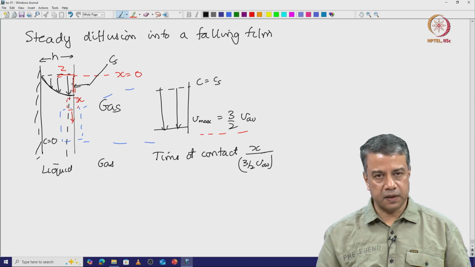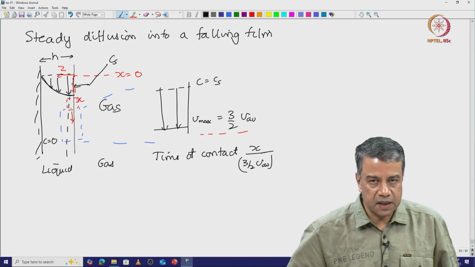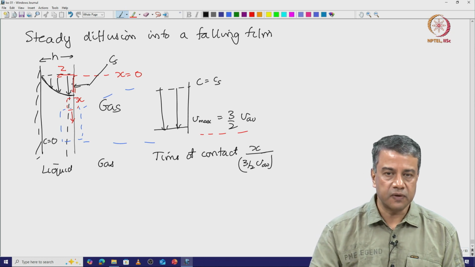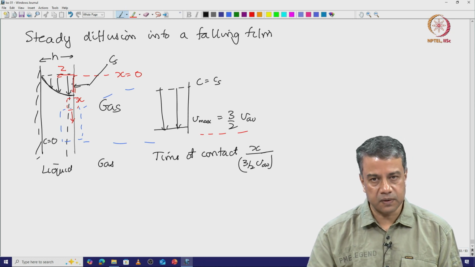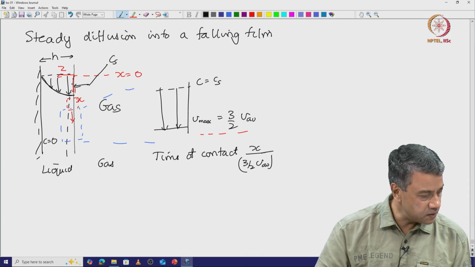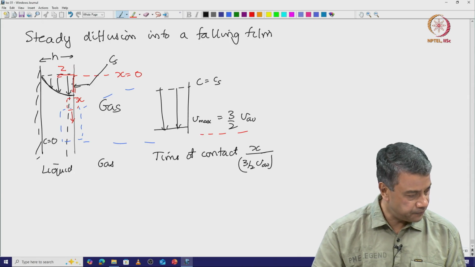So, at a streamwise position x, the total time of contact of the film is equal to x divided by the maximum velocity. That maximum velocity is equal to 3/2 of the mean velocity.